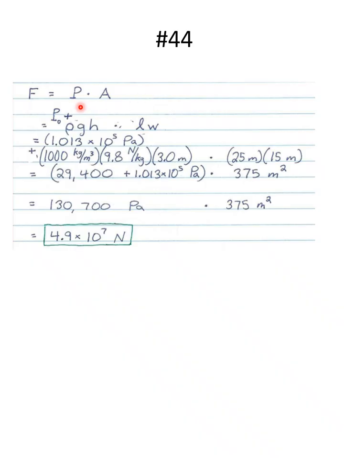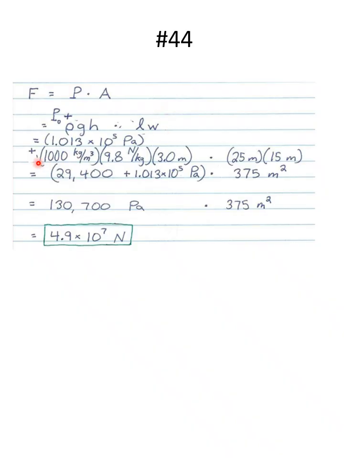Now, P naught is the additional pressure pushed on by the atmosphere, pushing down on the surface of the water, plus rho GH, which is the pressure contribution of the water itself. And then we're going to multiply by the area of the pool, its length times width. So you can plug in all those numbers. You can see all the values that I've plugged in.